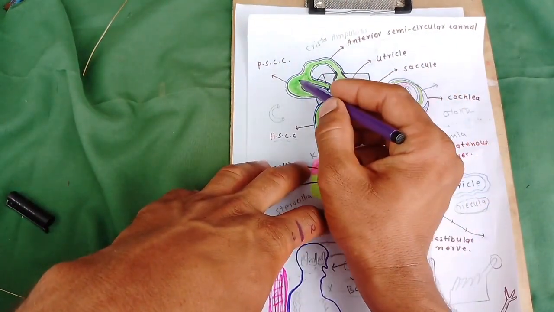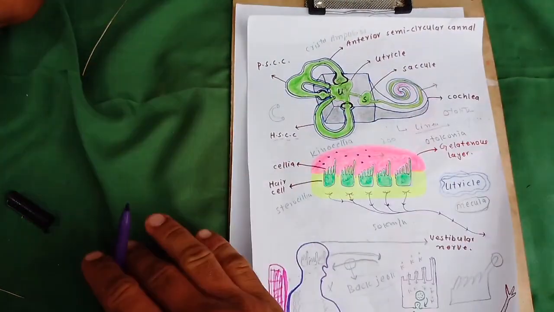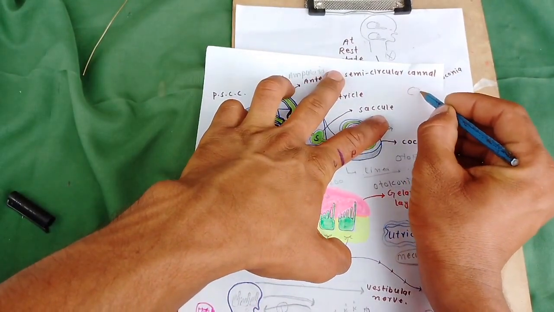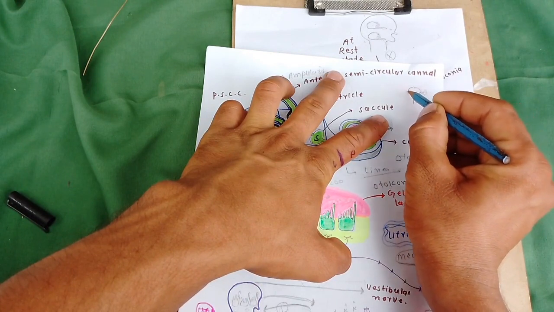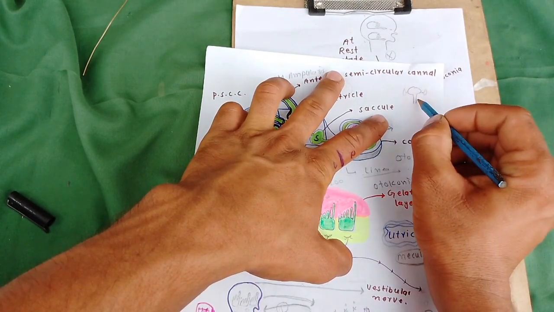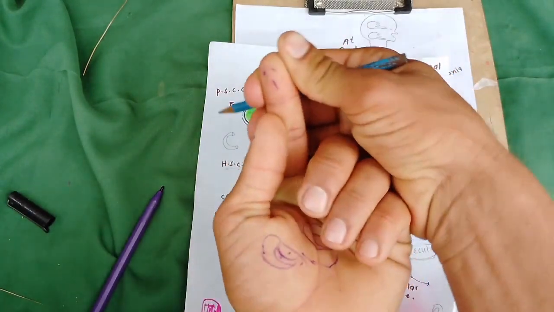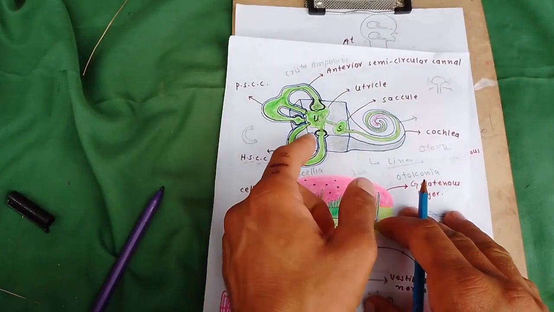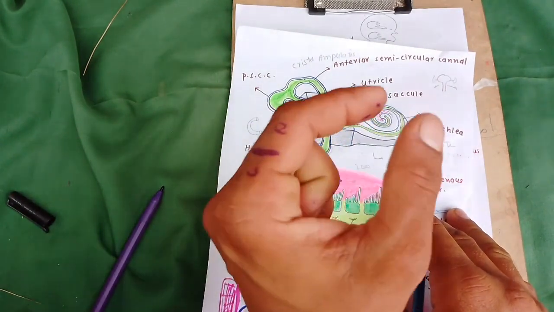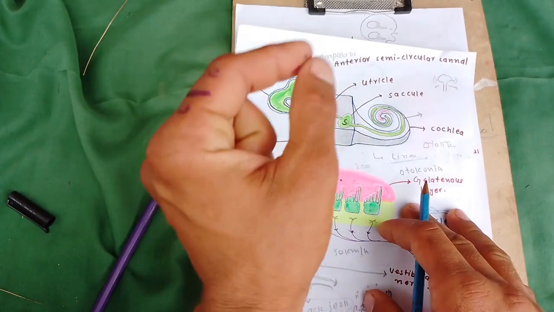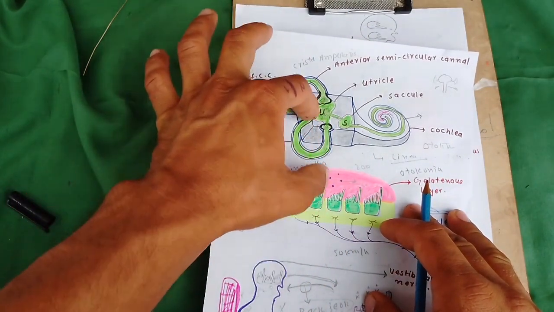Okay, the posterior semicircular canal controls the body movement when the head is rotated shoulder to shoulder. But the horizontal semicircular canal controls the body posture during the motion of the head.